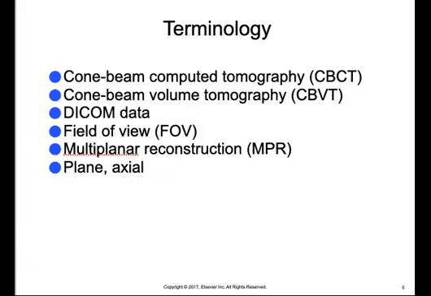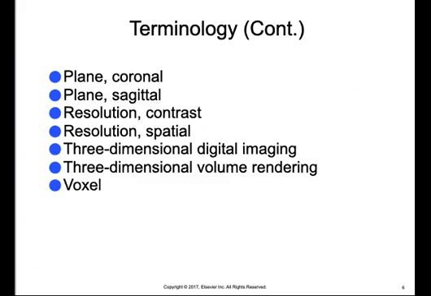And we'll learn the different planes, starting with an axial plane, a coronal plane, a sagittal plane, and different resolutions such as contrast and spatial resolutions. Also three-dimensional digital imaging and what that is exactly, and a three-dimensional volume rendering.